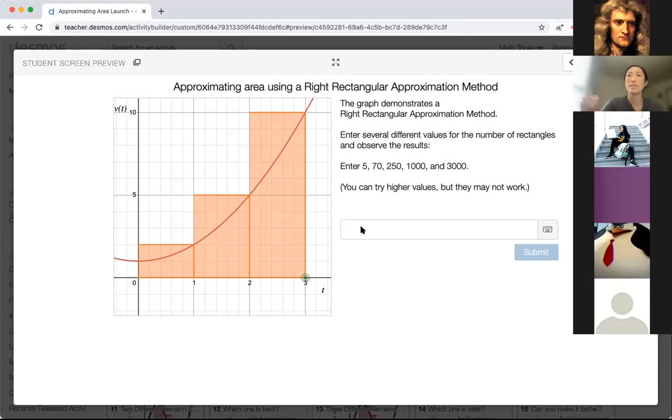Like what Umar said about the left rectangular approximation, do you think that's also true for the right rectangular approximation? And if we're not sure, maybe we can try a few numbers.